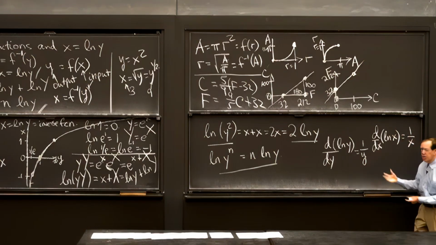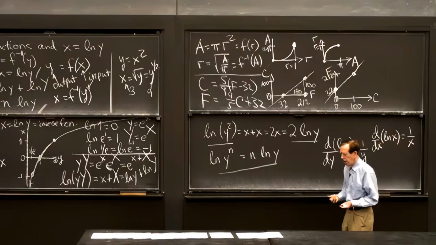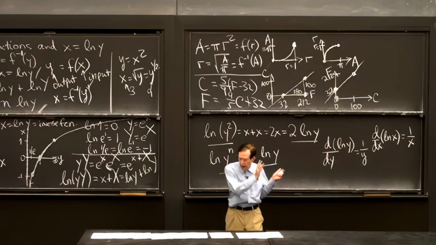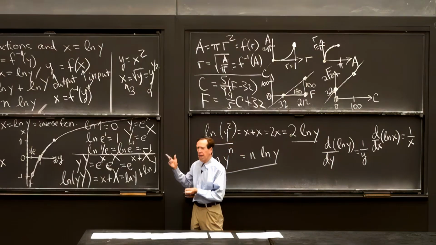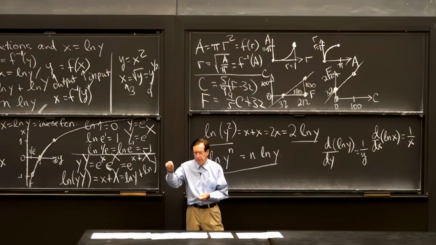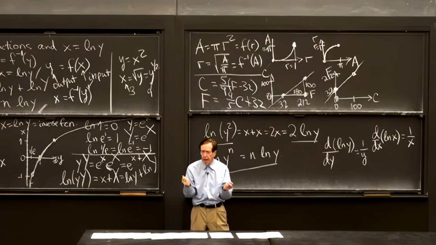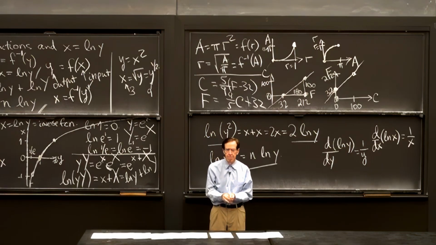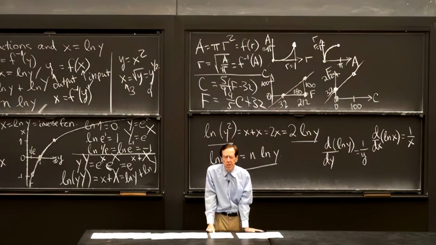Between that and that, I've just changed letters. That was after the real thinking of this lecture, which was when x was an input and y was an output, and I really needed 2 different letters. Okay, good. That's inverse functions. Thank you.